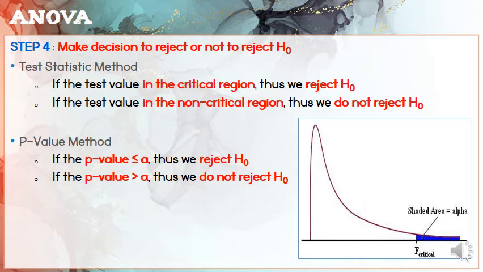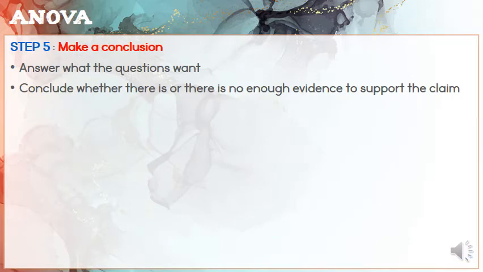If the p-value is greater than your alpha, we do not reject our H0. Once you have decided whether to reject or not to reject, please make sure that you make conclusion. Okay, conclude whether there is or there is no enough evidence to support the claim made in the question. Okay, so sebenarnya dalam hypothesis testing ini, step dia sama, cuma method, okay, nak dapatkan test statistics untuk reject or not to reject tu berbeza.